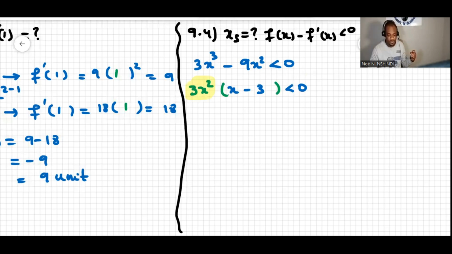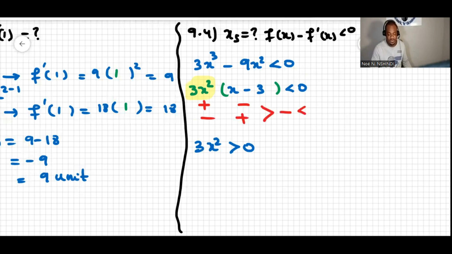To have a product lesser than 0, the signs must alternate: one positive and the other negative.